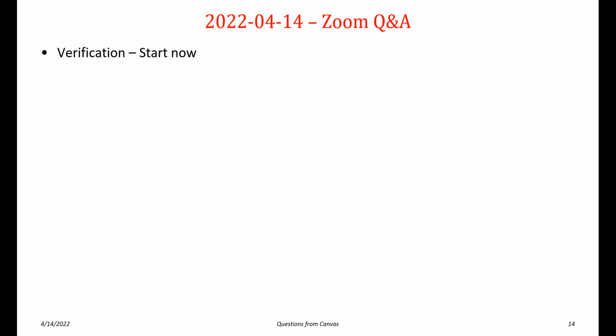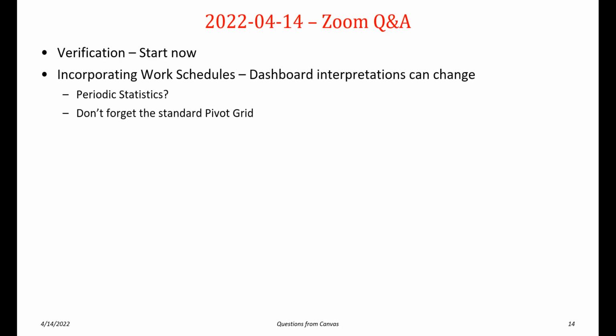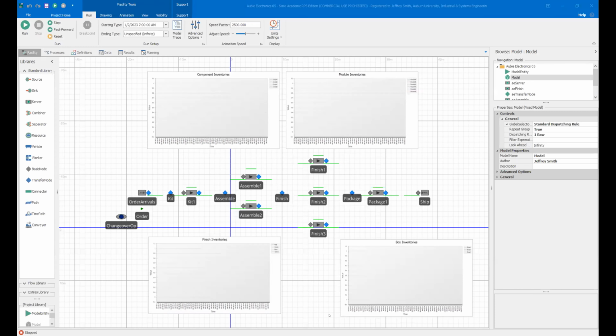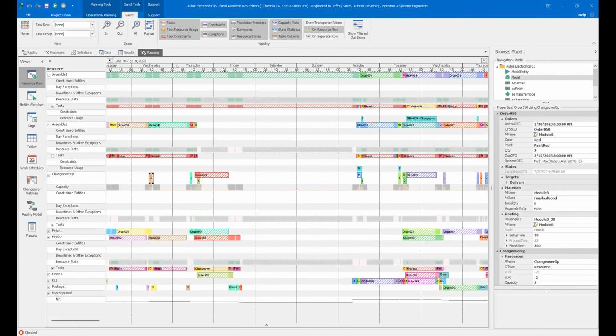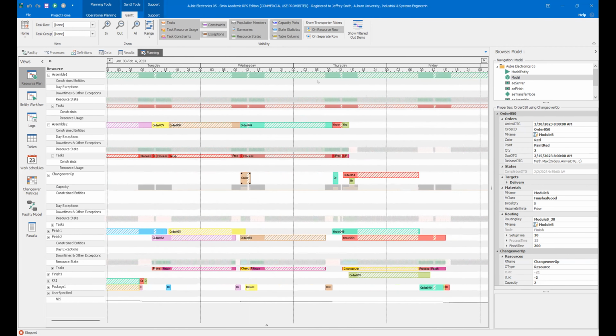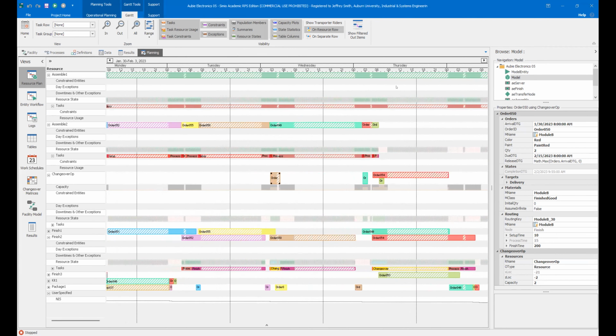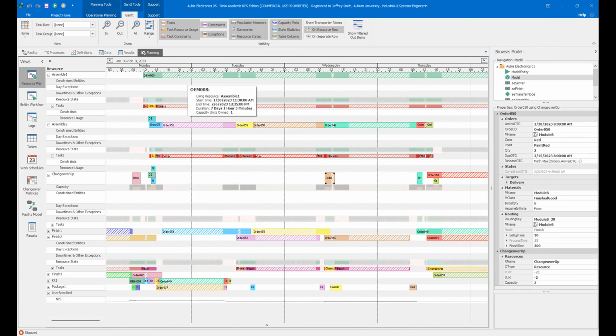So I want to talk a little bit about incorporating work schedules and dashboard interpretations. What I'm going to show you here is my version of the baseline model for case study 5. When you incorporate work schedules, if you look at the resource plan here, you're going to notice that we have all of these off shift times.